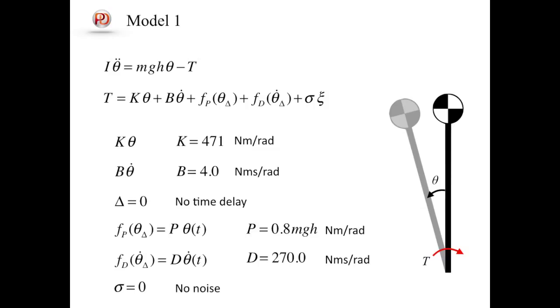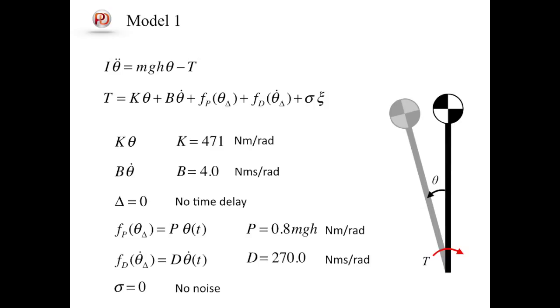For the Model 1, we will consider very simple PD feedback torques to control the inverted pendulum. Namely, for the intrinsic mechanics-related torques, we use K equals 471 Nm per radian, and B equals 4.0 Nm/second per radian. We don't consider time delay for neural feedbacks. Hence, delta equals 0.